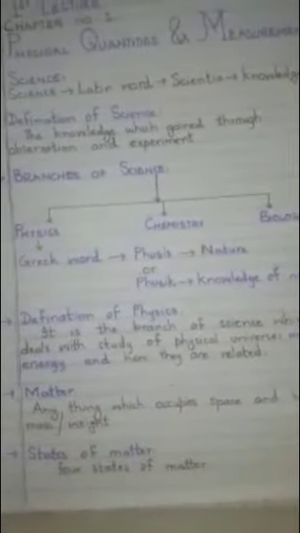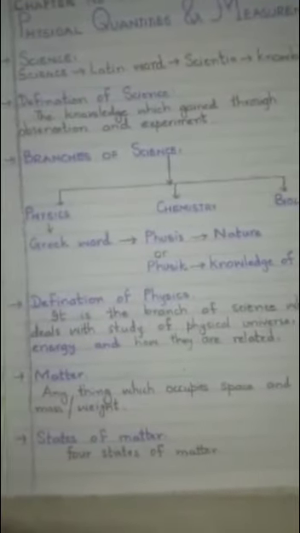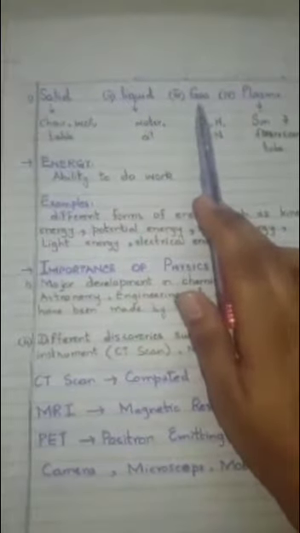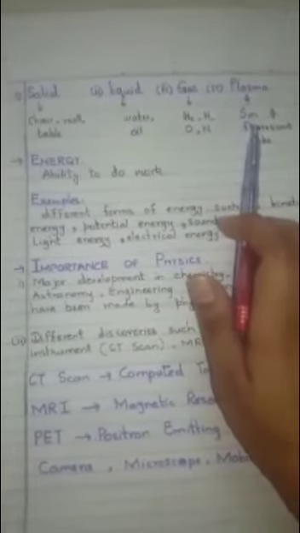And girls, you know very well that there are 4 states of matter. One state of matter is solid, the second is liquid, the third is gas, and the fourth is plasma.